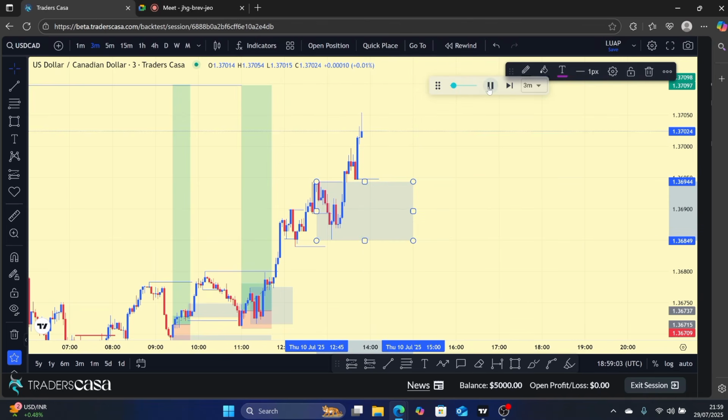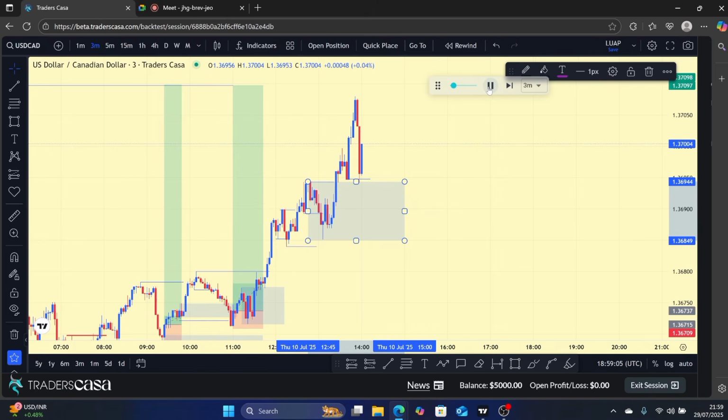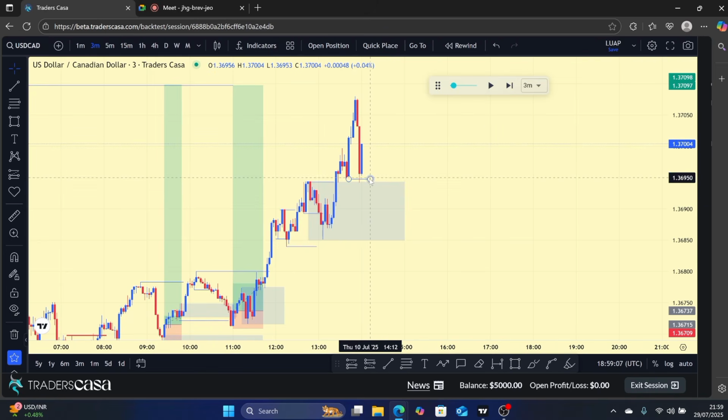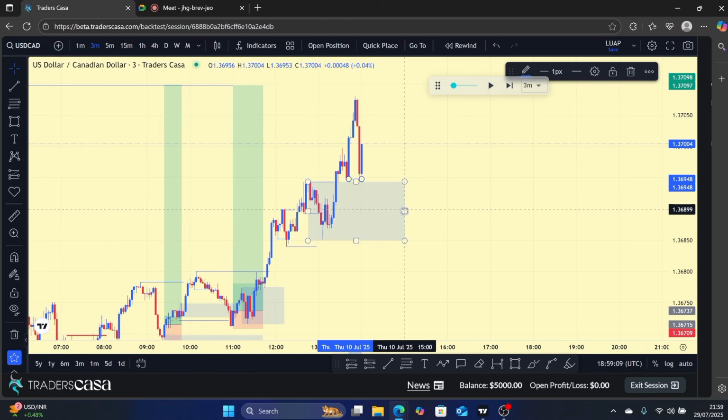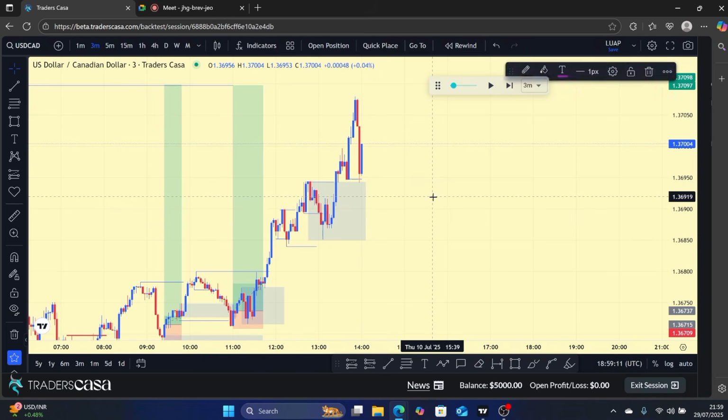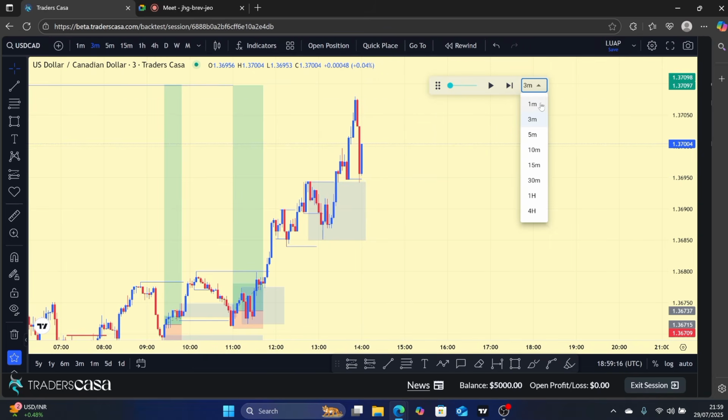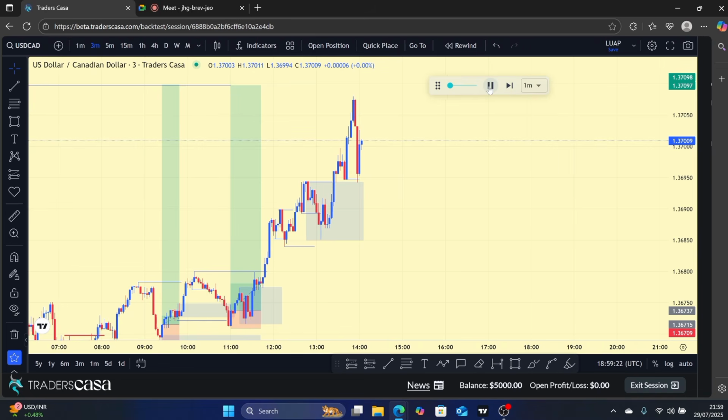So let's see what price does. Right, price sweeps this. You can see. So this means if that candle closes bullish, then I will have the confidence to actually take the buy. Exactly right there.